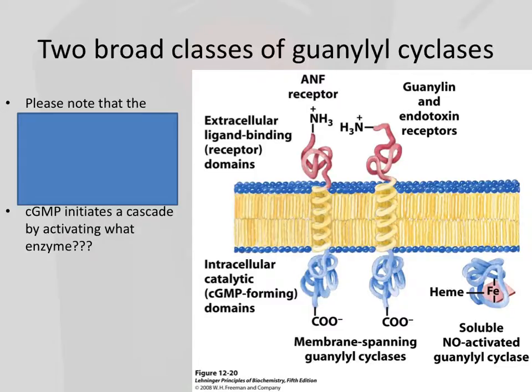There is another, and this is one thing that's different than the others. There is actually one type of guanylyl cyclase that is soluble, and so it is intracellular. It doesn't have an extracellular component. So not all GCs are like that, but there are some. And these, by the way, are activated by nitric oxide.